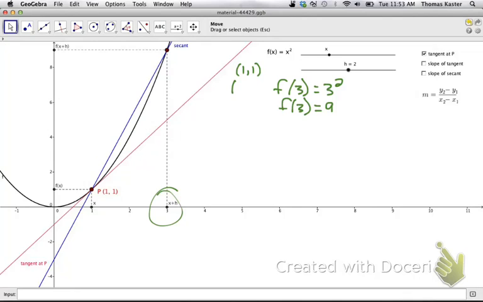We have our second point of (3, 9). Now you probably did all that in your head anyway, but like I said, I want to show you where some of this stuff comes from.